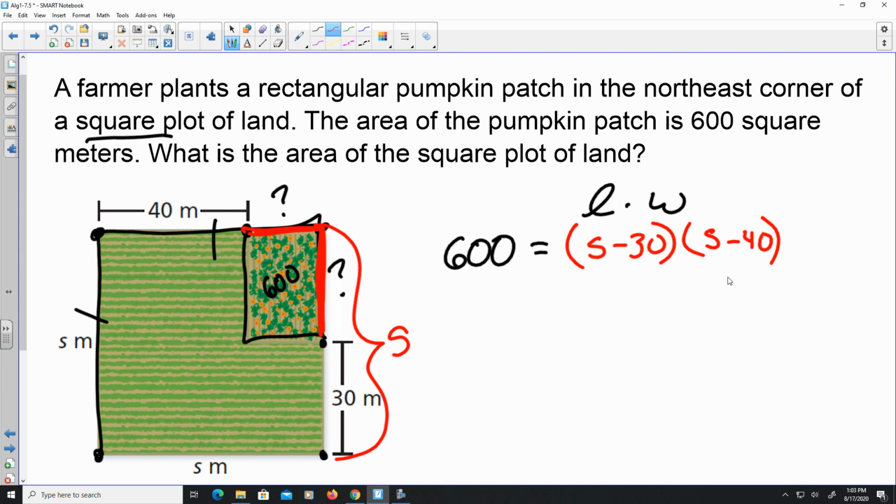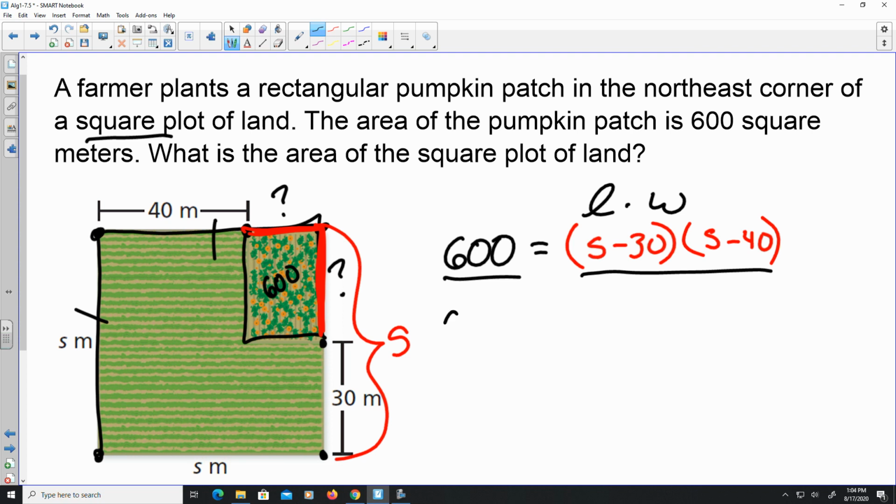All right, so in a situation like this, what you are going to do first is multiply these two binomials. You need to multiply S minus 30 times the quantity S minus 40. The reason is that this equation must be set equal to 0.